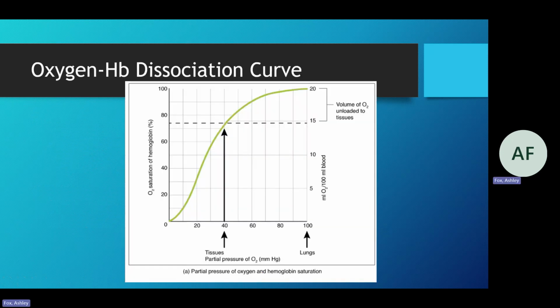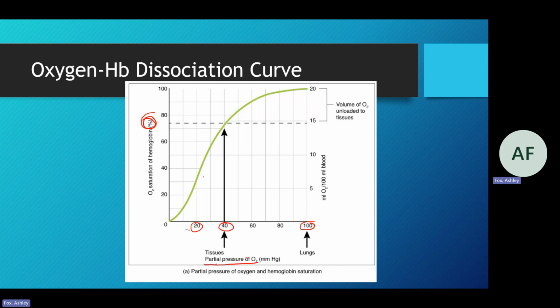This is looking at the actual curve. Down here is the partial pressure of oxygen. That's on this side. So we have partial pressure of 20, 40 is going to be at our tissue level, and then 100 is going to be at our lungs. This is looking at our percentage of saturation, so how much of the hemoglobin has the 4 molecules of oxygen?